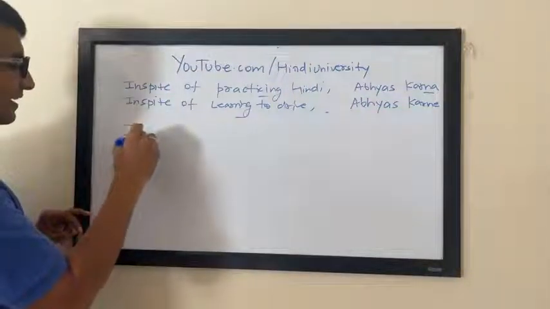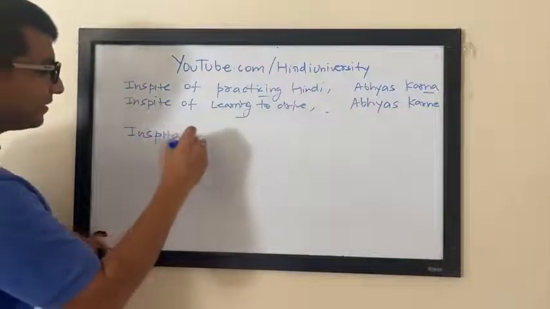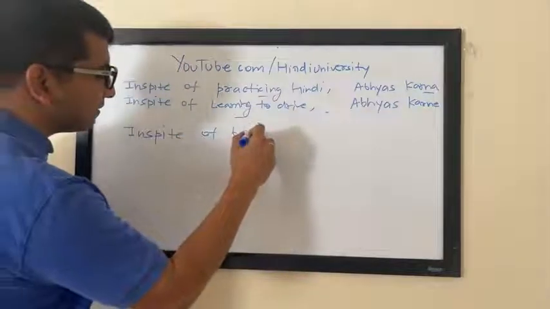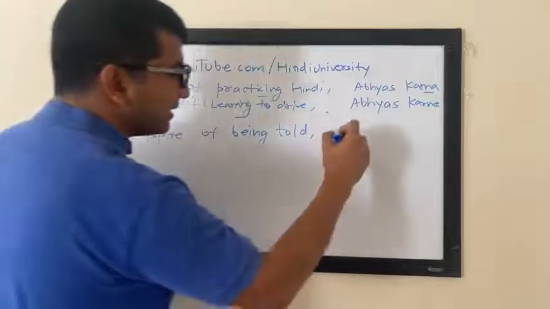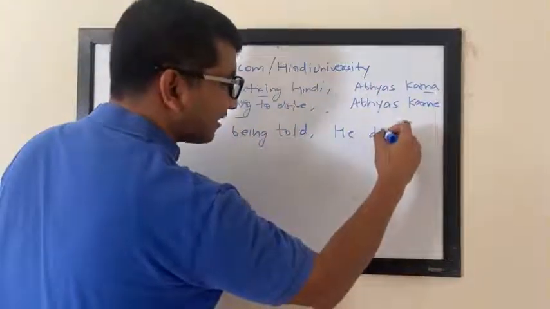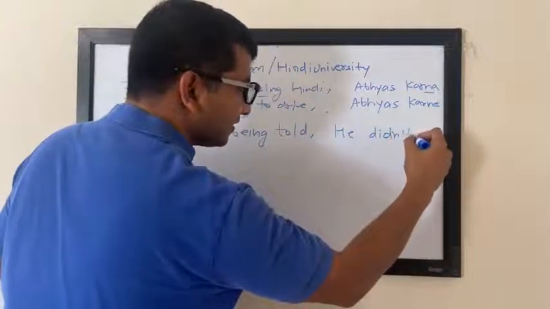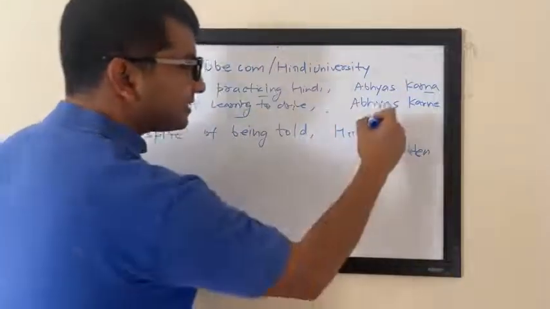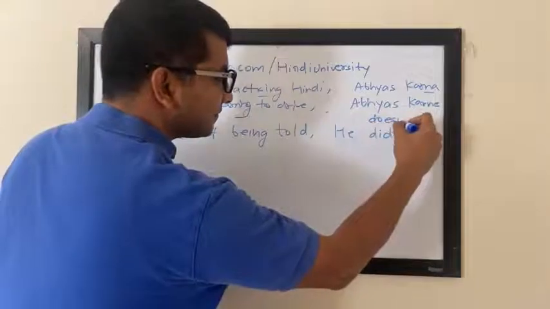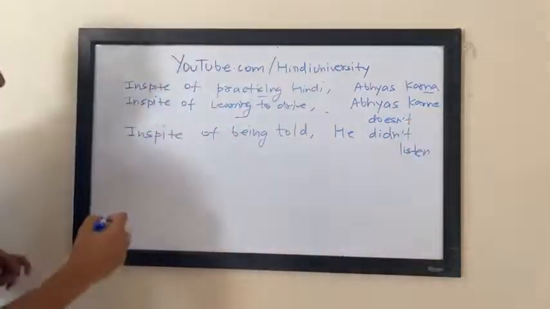So the sentence is: in spite of being told, he didn't listen. It's a hard one. If this part is hard, you can simply say he does not listen. In spite of being told.